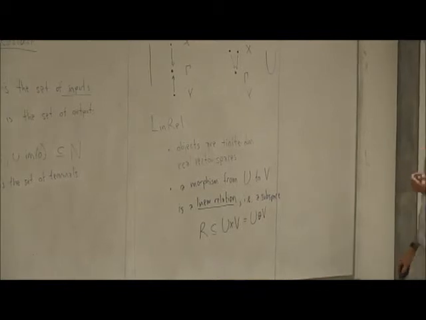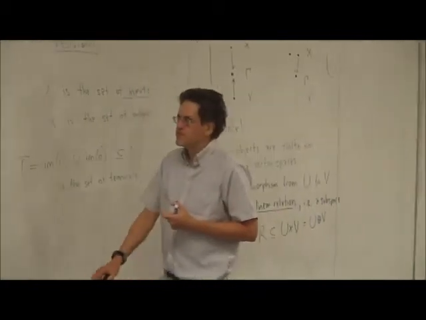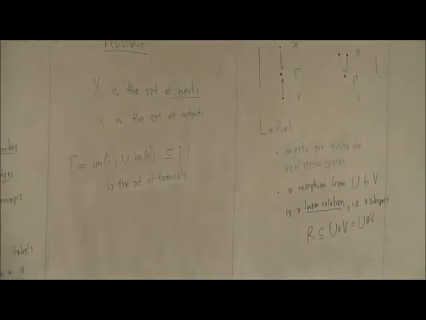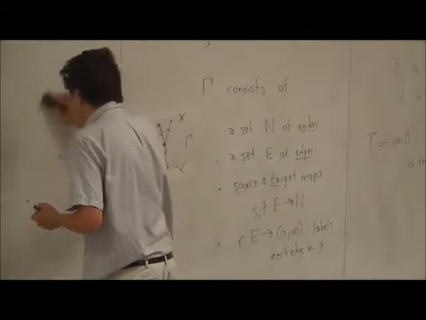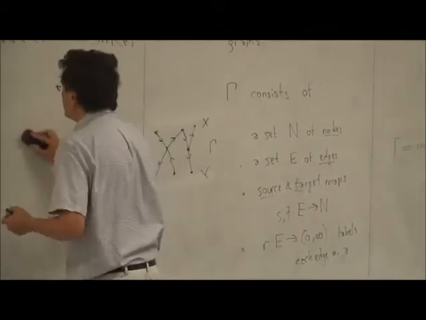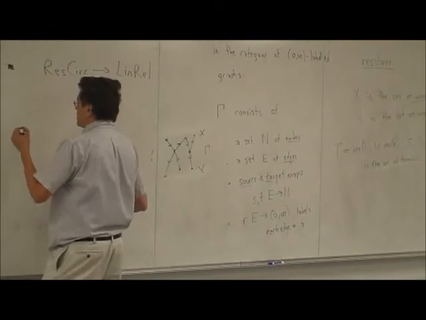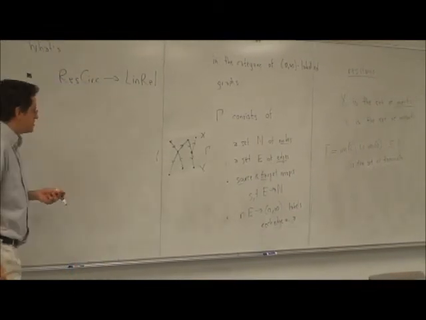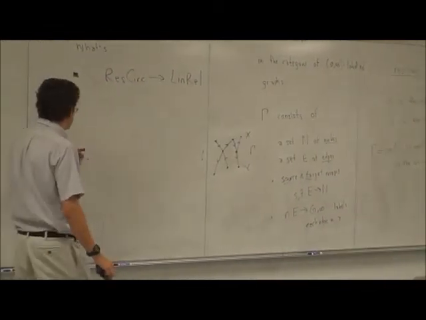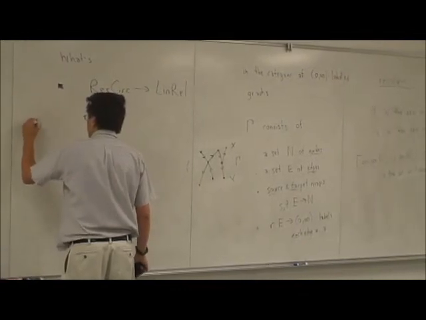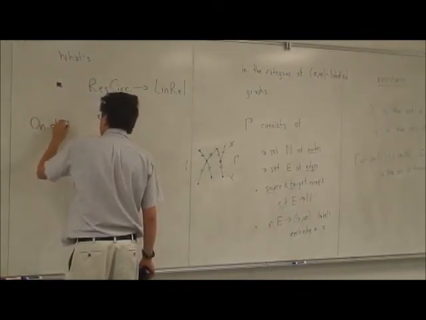Okie doke. So now I want to get into the meat of things, which is to define this black box functor. To tell you what it is, I've got to tell you what it does to objects and what it does to morphisms. So on objects, it's very simple.